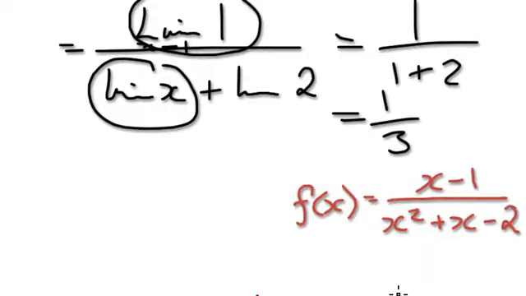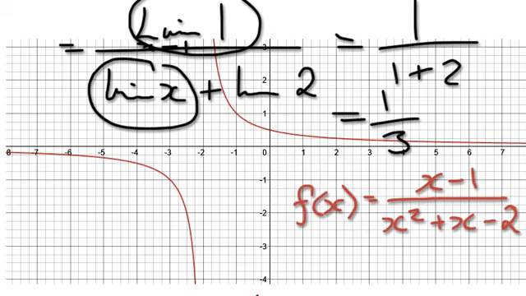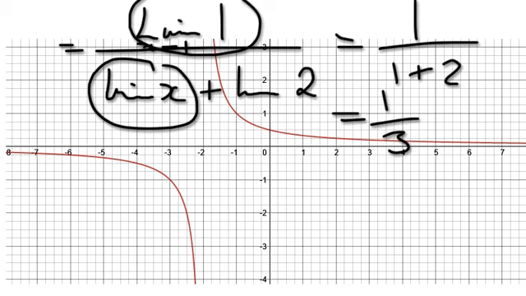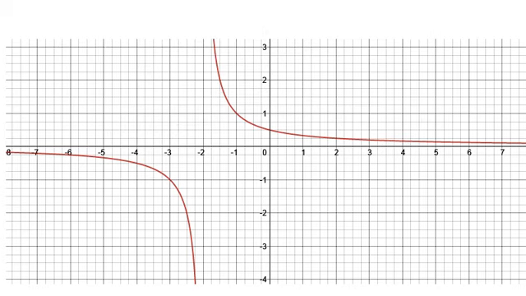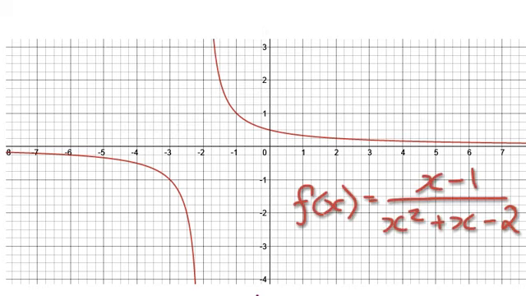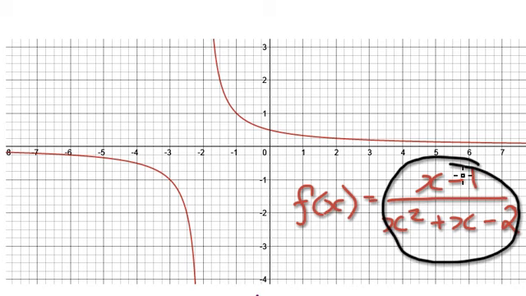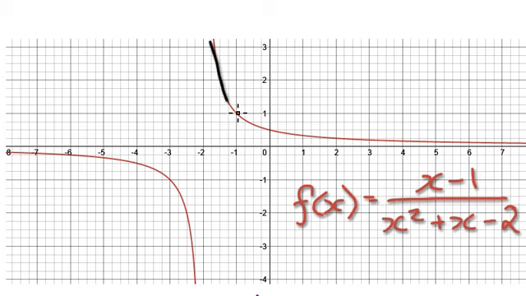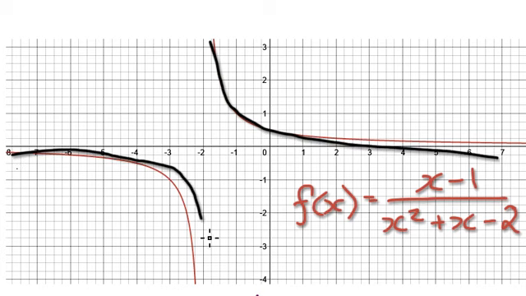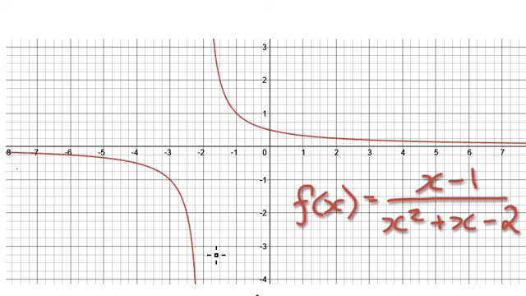If you plot the graph of our original function, it will give you this line and this line.